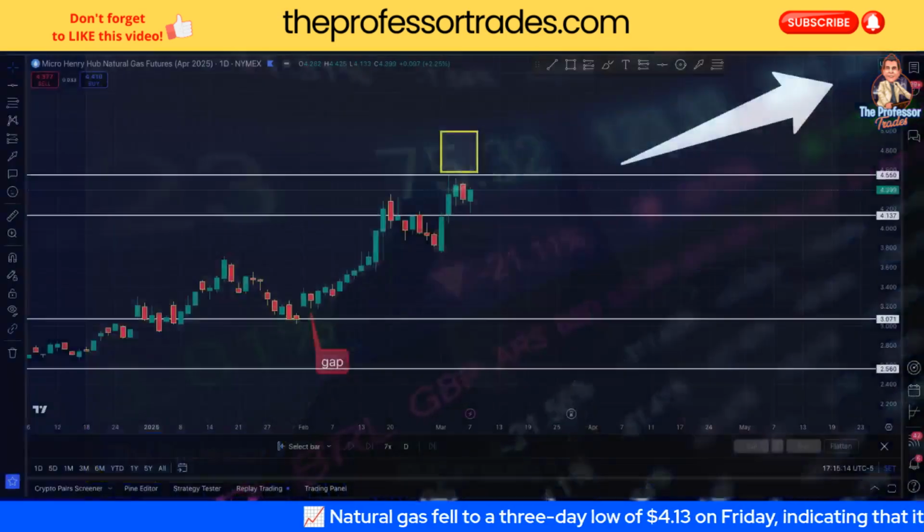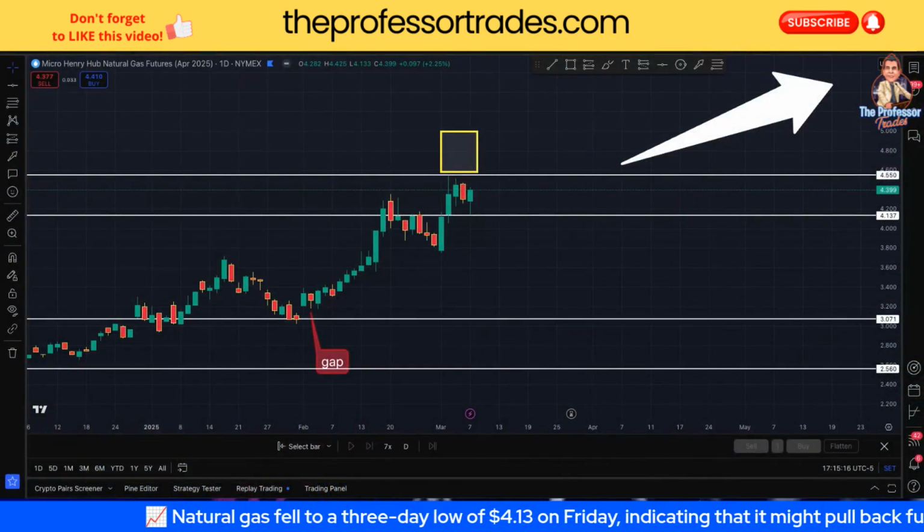And when that's the case, usually the price of natural gas begins to fall because there's not a big demand for natural gas. So if you trade NG, keep reading the headlines on natural gas and the demand for it, because the fundamentals do play a factor on price.